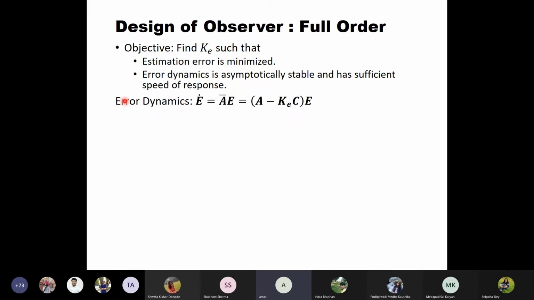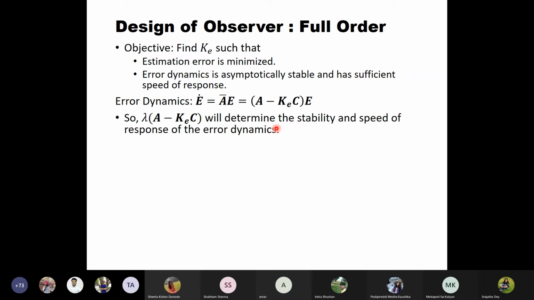Now we already know the error dynamics is given as e dot equal to (A minus KeC) e. The error e will go to 0 based on this matrix A minus KeC. So the eigenvalues of A minus KeC will determine the stability and the speed of response of the error dynamics.